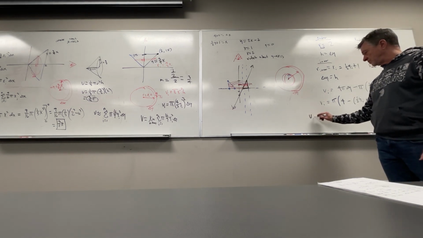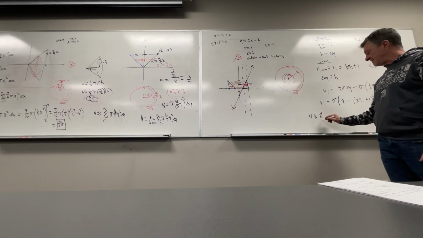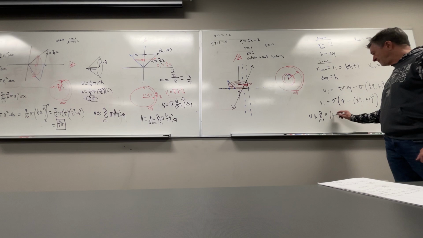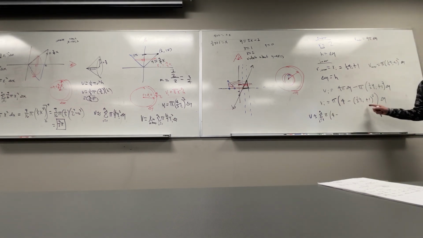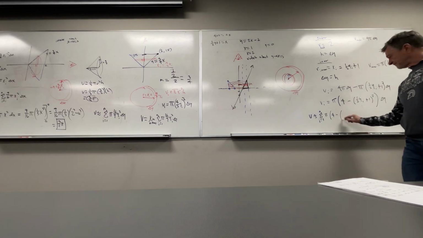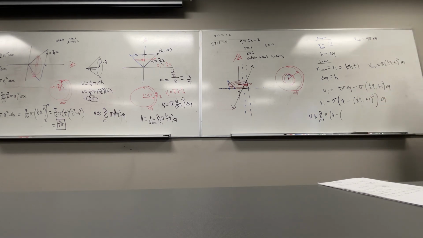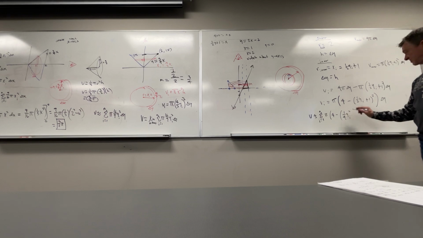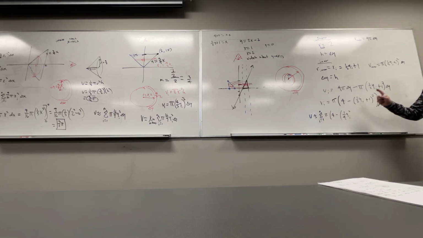So now my volume, I can approximate by having a sum of these. The sum from i equals 1 to n of pi times 4 minus, and I might start to multiply this out and see what I really have here, simplify this thing. So if I square this, I have to remember that I FOIL it, right? I don't square each term. So I have 1/4 yi squared plus 1/2 yi plus 1/2 yi, right? So plus yi plus 1, and then delta y.